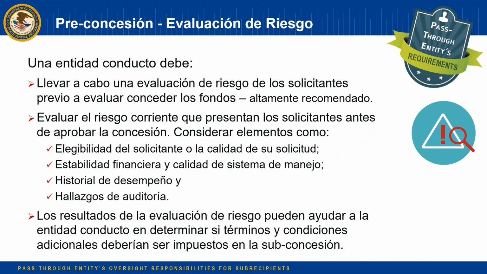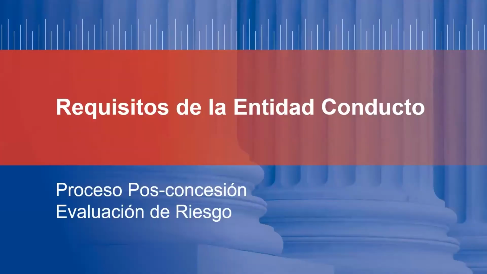And again, the results of this risk assessment should help you determine whether or not this entity is an organization that you want to make a sub-award to, and possibly give you some information for doing site visits down the road with this particular organization. Next slide, please. So now let's talk about the pass-through entity's post-award process, okay, and the risk assessment.